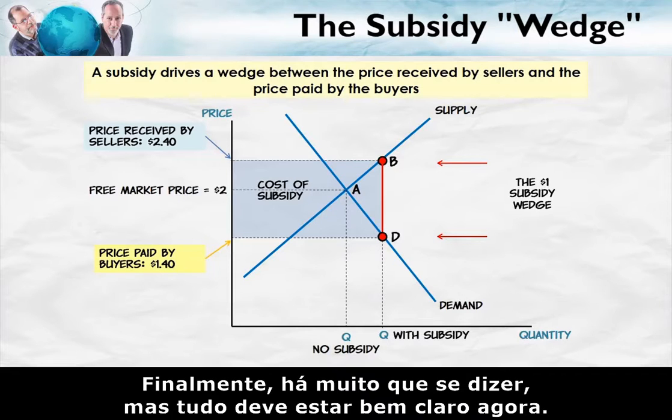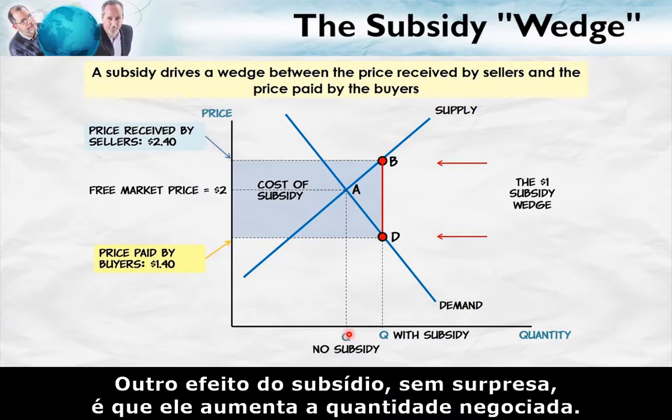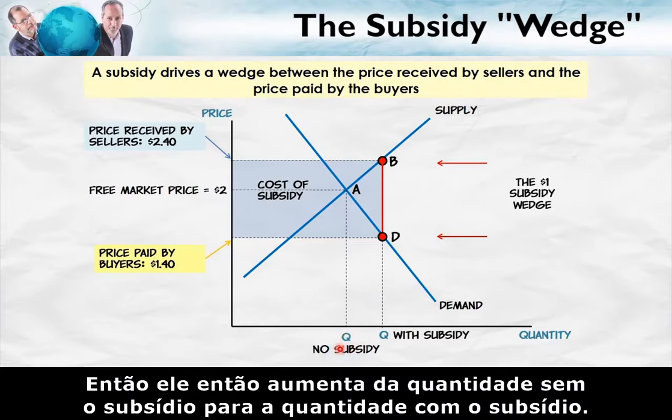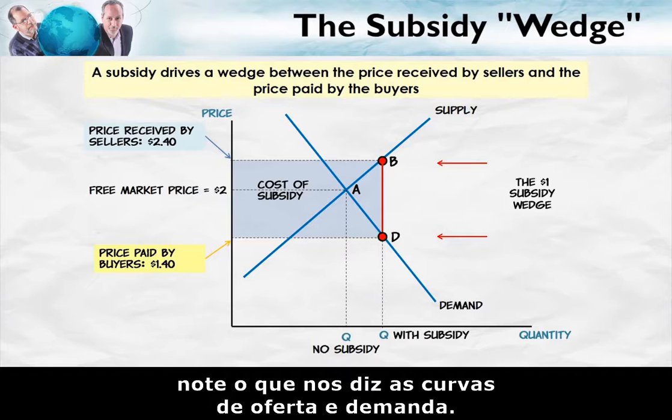Finally, got a lot to cover, but it should all be fairly standard now. Notice that another effect of the subsidy, not surprisingly, is that it increases the quantity exchanged. So it increases it from quantity no subsidy to the quantity with the subsidy. Now, on these additional units exchanged, notice what the supply and demand curve tells us.